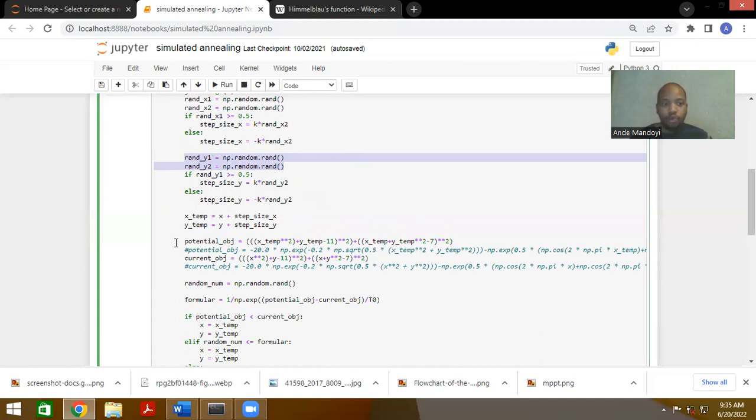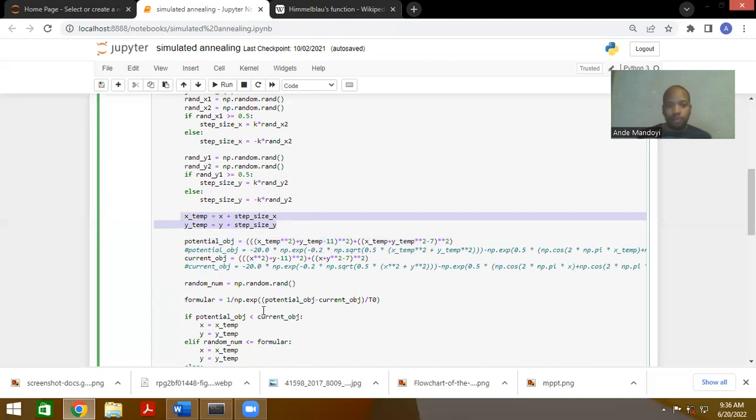So what potential obj does is it works out the value of Z based on these two factors over here, which we got from our random choosing algorithm, so to speak.